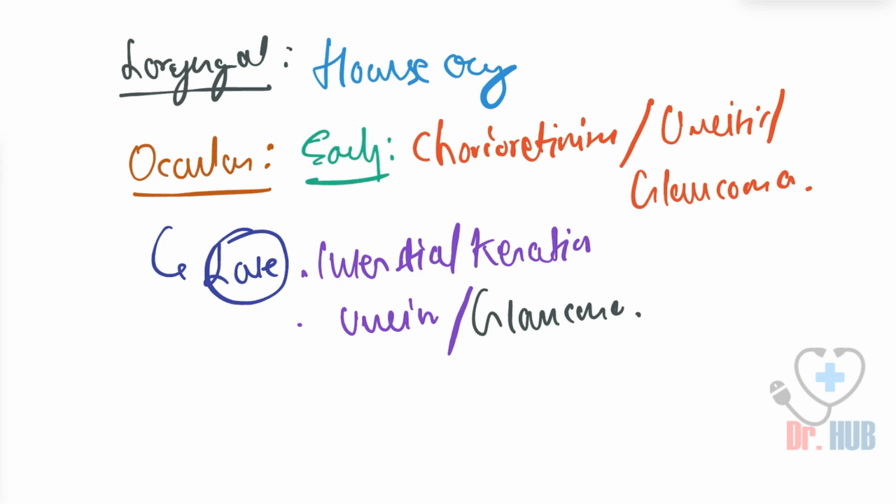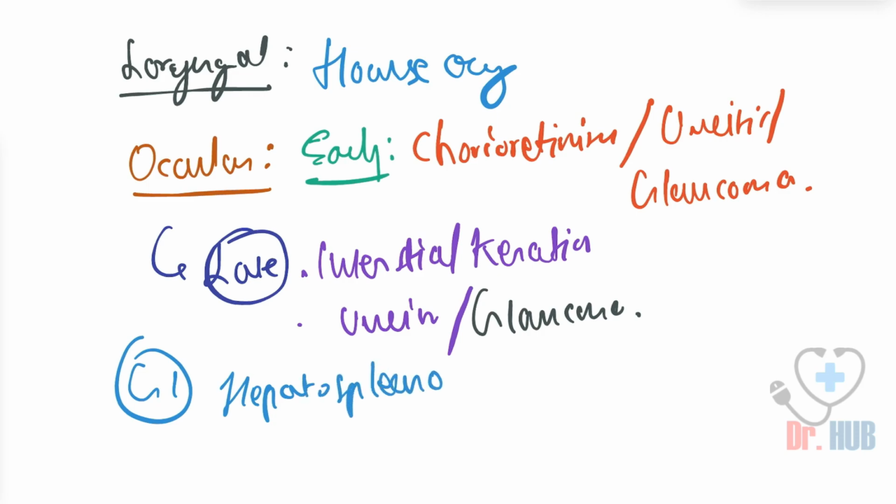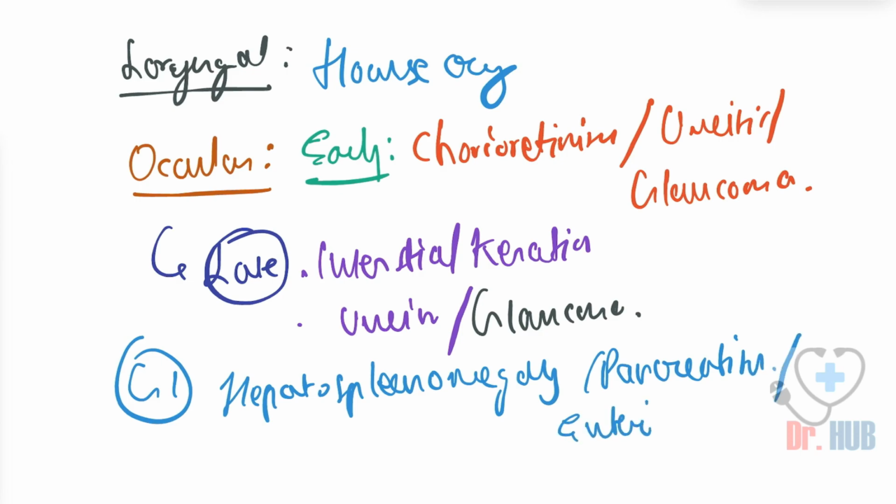Then we look at the gastrointestinal. In terms of the gastrointestinal features of syphilis, this includes the presence of hepatomegaly, splenomegaly, hepatosplenomegaly, and also pancreatitis and enteritis.